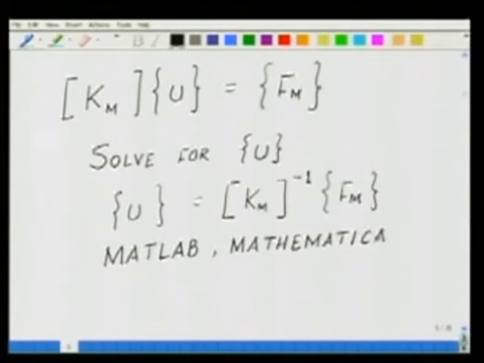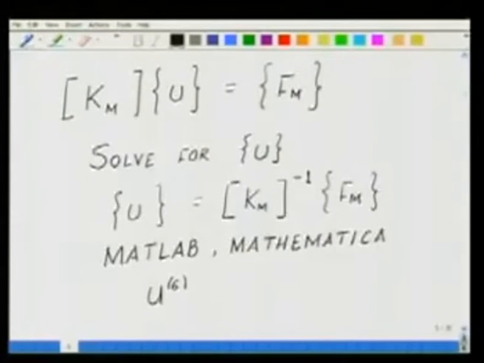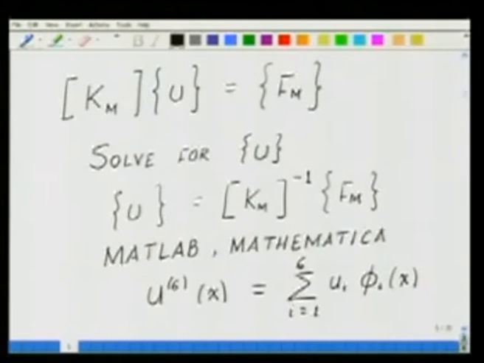To solve this problem, you can feed to these programs the matrix K and the vector F, and ask them to return back to you the vector U. Once you know the components of U, then you know your solution U6, because this will be equal to the sum of Ui phi i of x. So this is how we will construct the finite element solution to a problem.